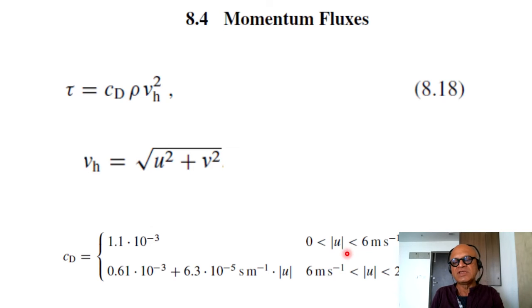If wind speed is less than 6 meter per second, this amounts to 1.1 times 10 to the minus 3 with the appropriate units, whereas if wind speeds are greater than 6 meter per second and less than 22 meter per second, obviously that means you rule out a lot of the cyclone hurricane situations, then it looks a bit more complicated. And this tells you again what we talked about before.